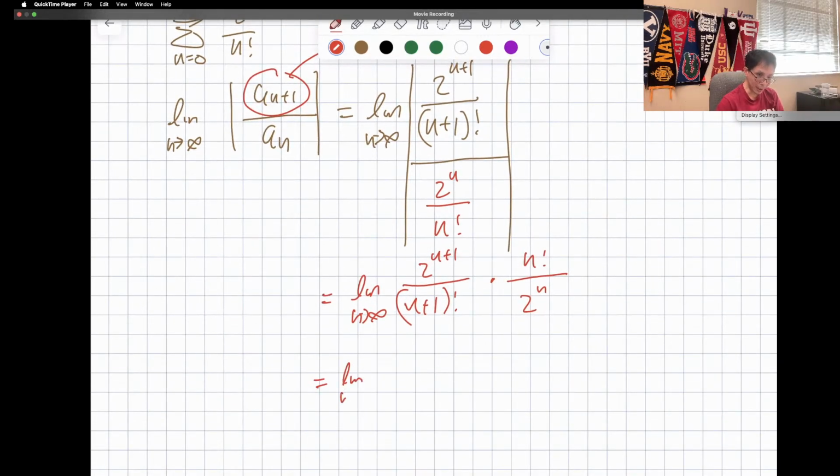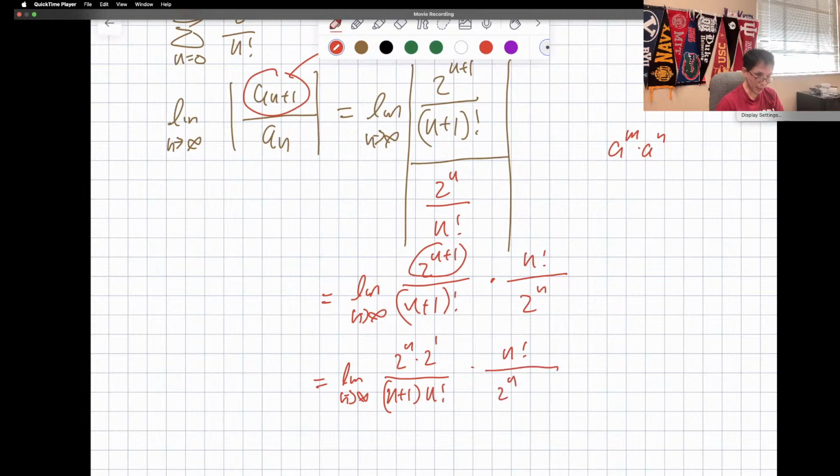Now, limit as n approaches infinity. Can I write this using the exponent rule? 2 to the n times 2, right? And for (n plus 1) factorial, I'm going to write n plus 1 times n factorial. Why? Because I know the other side is n factorial, so I can cancel them.